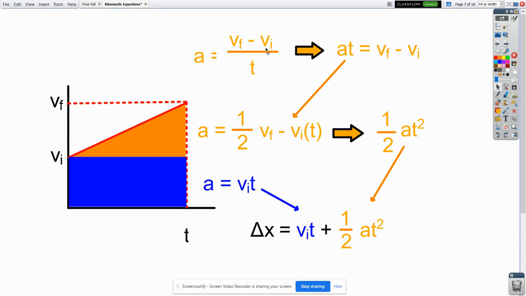So what we do is rearrange the acceleration equation so it says Vf minus Vi. To do that, we just multiply both sides by t. That'll give us at over here and Vf minus Vi over here. Since at equals Vf minus Vi, we can take this part right out and replace it with at.